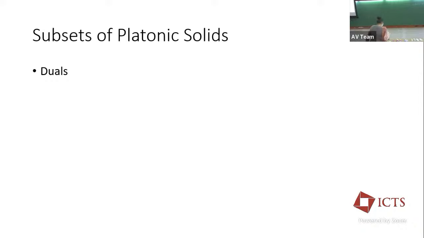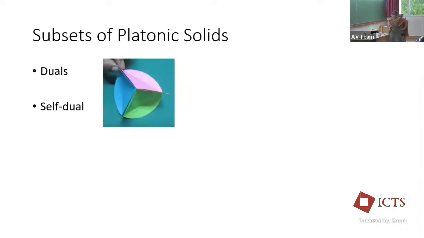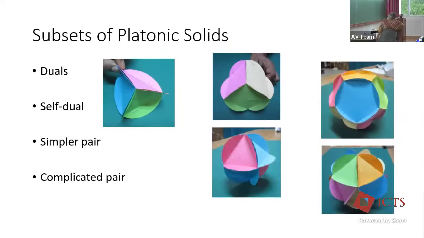So these kinds of things are kind of boring and very self-contained. So they are self-duals. So that's that one. And then we have a simpler pair, which I just described to you. And the other 2 form a slightly more complicated pair, but they are also duals of each other.